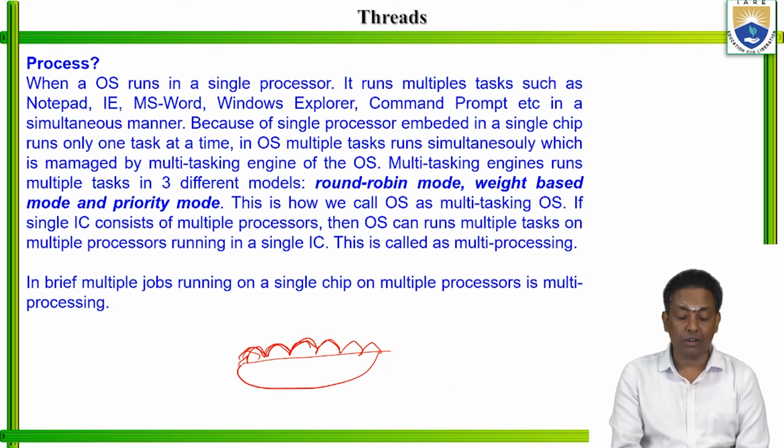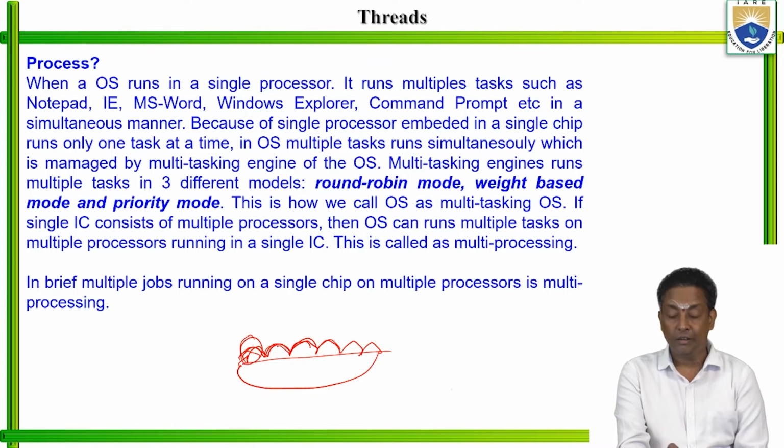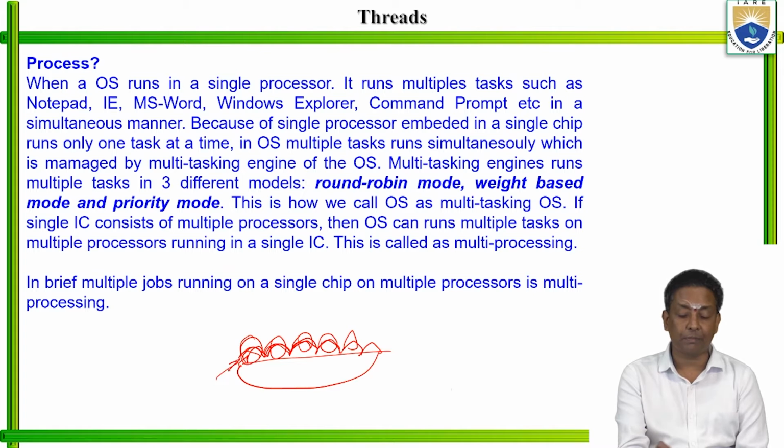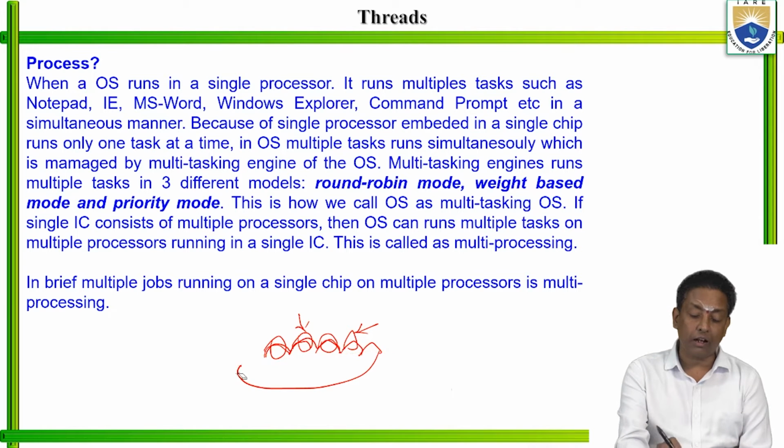In the weight-based model, tasks with less weight run faster than the heavier tasks. And in the priority-based model, while running the task itself, we can give first priority to this task, last priority to that task, some medium priority to another. Based on priority also, the tasks will run in the operating system.